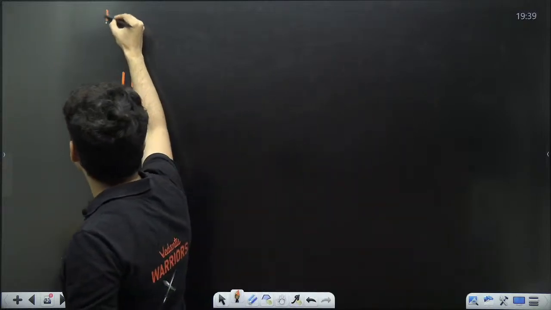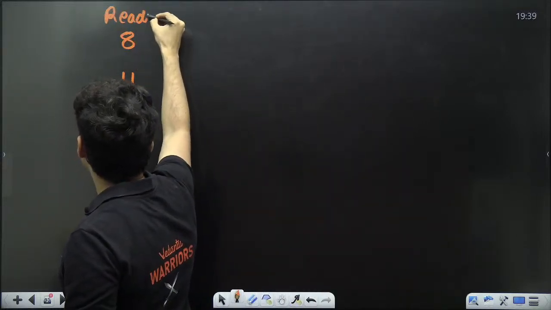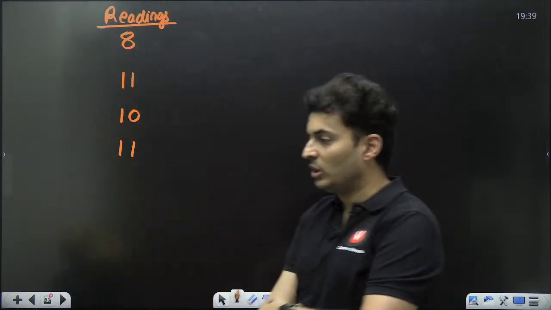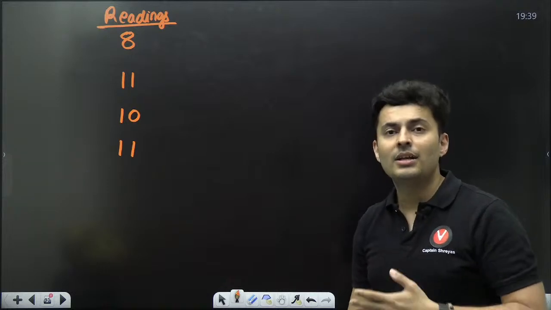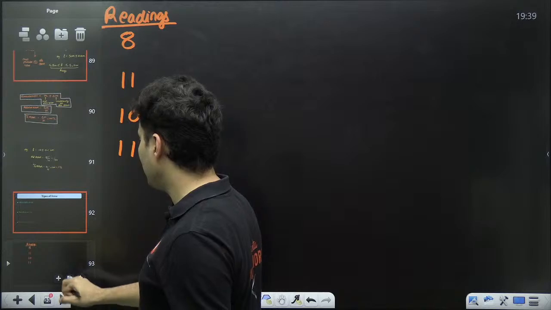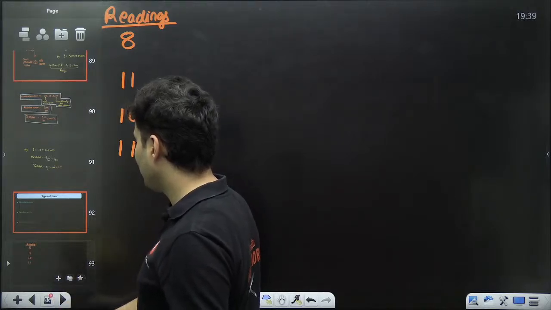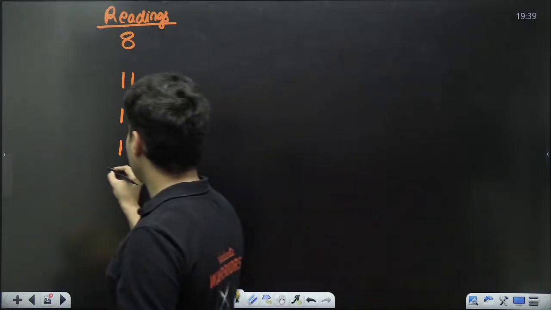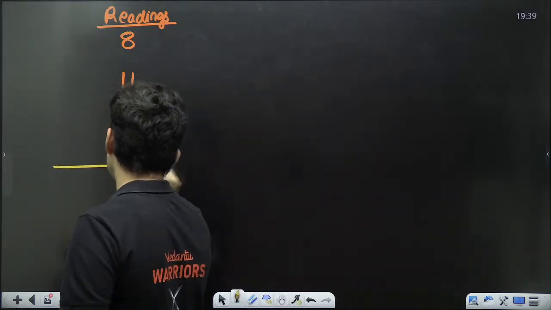Because these are your readings. These are nothing but your readings. What is your final answer? Will you take it as 8? Will you take it as 10? So, what do you do in such cases? Let me show you step by step. First thing that you should do is find the average reading.